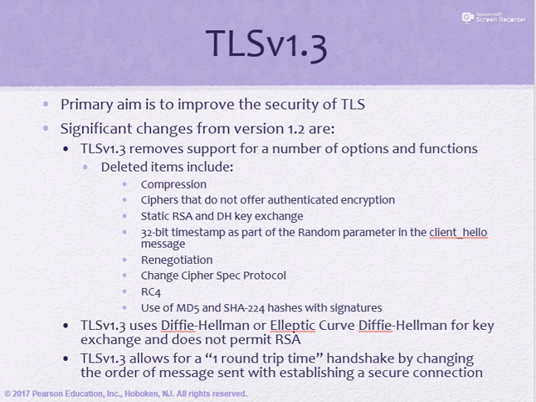But if we are using Diffie-Hellman or elliptic curve Diffie-Hellman, then a new key is negotiated for each handshake. So the long-term private RSA key is no longer used in TLS version 1.3. So the pre-master secret in version 1.3 can only be generated using either Diffie-Hellman or elliptic curve Diffie-Hellman.